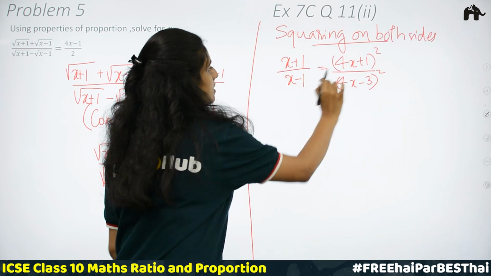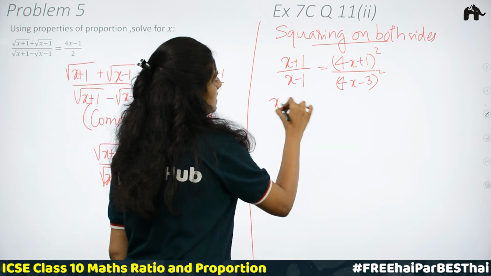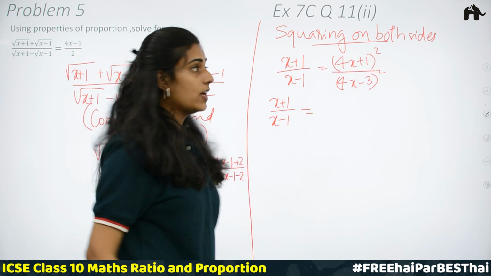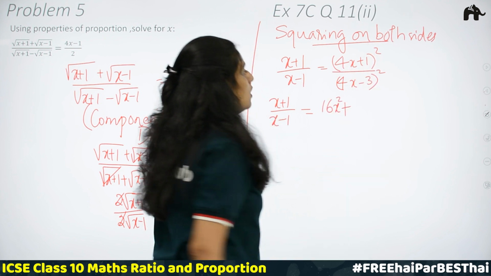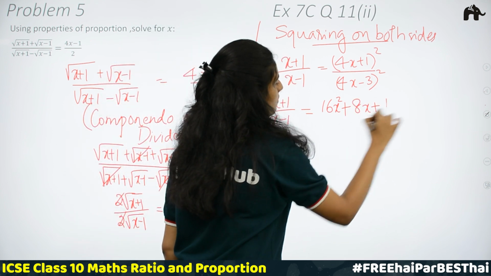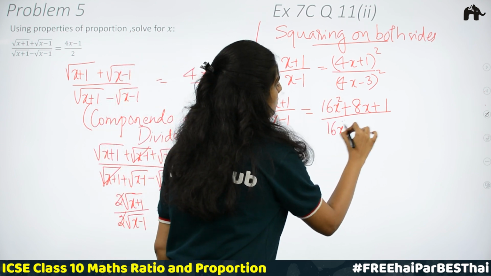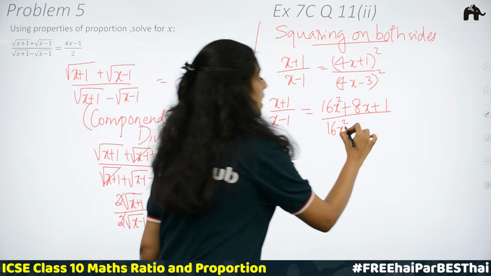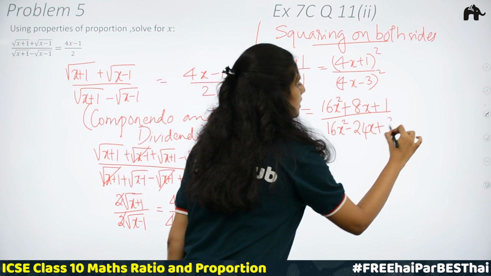Now squaring them, this is of the form (a plus b) whole square and this is of the form (a minus b) whole square. (x plus 1) divided by (x minus 1) is equal to (4x plus 1) whole square, which is 4x square, 4x square is 16x square plus 4x into 2 into 1, that is 8x, plus 1 square, 1, divided by (4x) whole square is 16x square minus 2 into 4x into 3, that is minus 24x plus 3 square is 9.